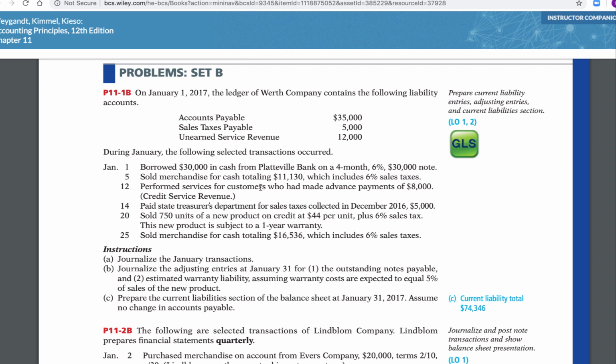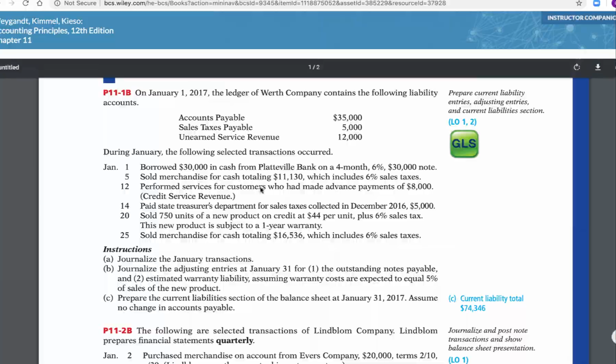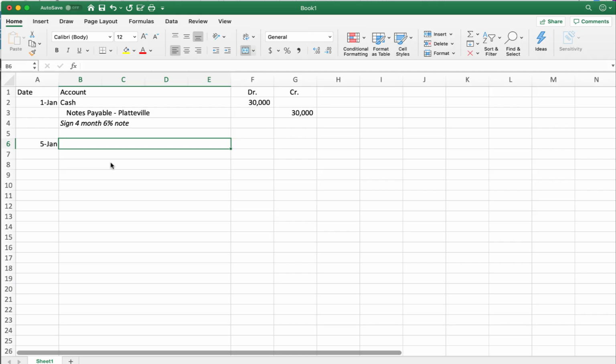That's this example right here. We have a total amount. We need to figure out, of this $11,130, how much of it is actually sales merchandise and how much of that is actually sales tax that we collected, okay?